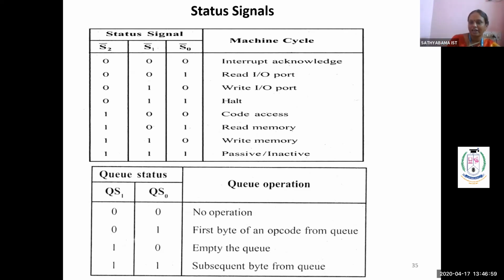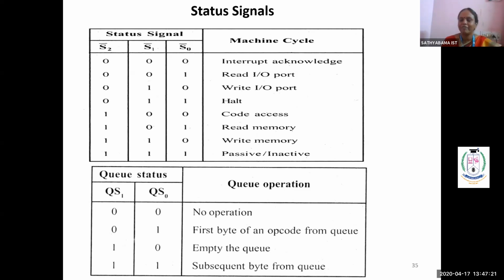Then queue operation. I told you the queue operation is mainly a pipeline structure. We told you FIFO, first in first out principle. All the instructions will be in a queue structure. It will take the first instruction and decode it. While the first instruction is decoding, in parallel it will fetch the second instruction.